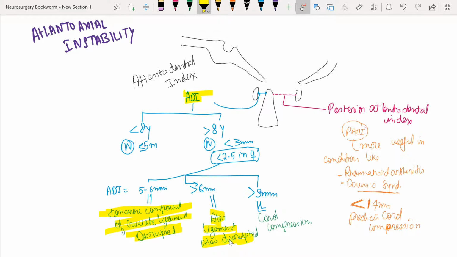This line is generally useful in conditions like rheumatoid arthritis, Down syndrome, or conditions where there is ligamentous laxity. If the value of PADI is less than 14 millimeters, then it predicts cord compression.